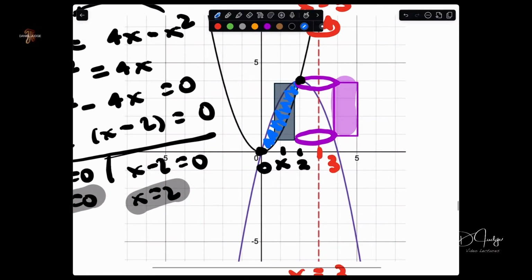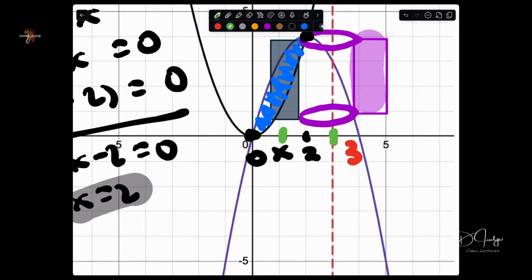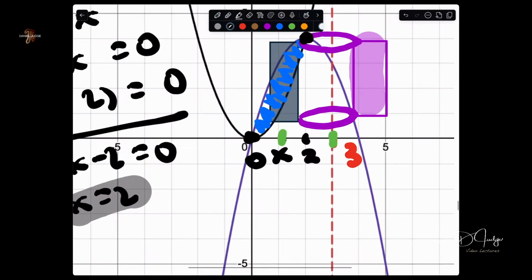So how do we get the radius now? The radius here is going to be the distance from 3 to x. Let me see if I can draw that here for you guys.